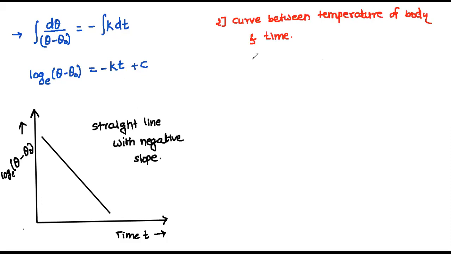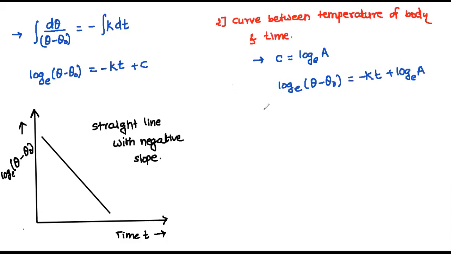In this, if the integration constant I am keeping as log e of a, I am substituting this value, then what you are getting, see, log e theta minus theta naught is equal to minus kt plus log e of a.